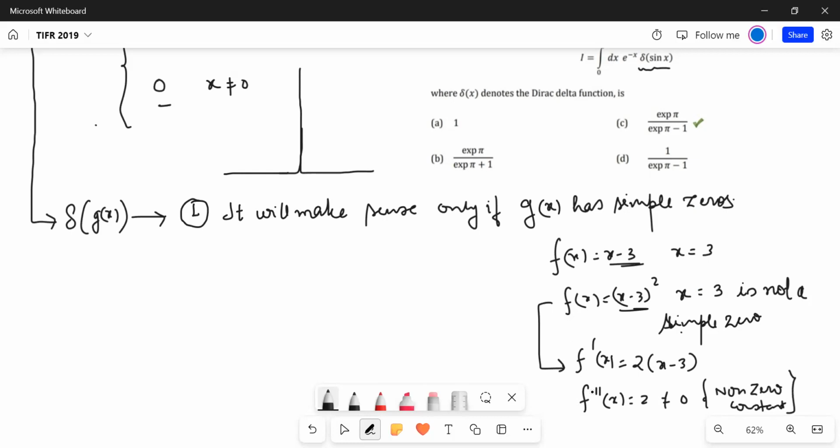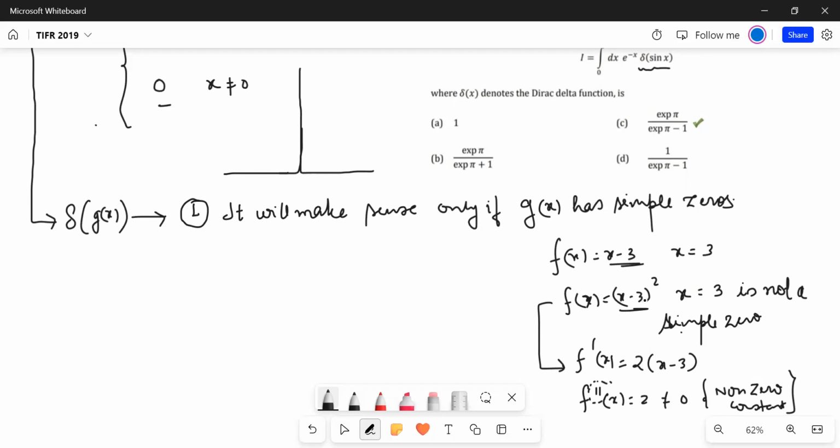This defines the multiplicity. Whichever order of derivative gives you a non-zero answer, that order becomes the multiplicity of the root.